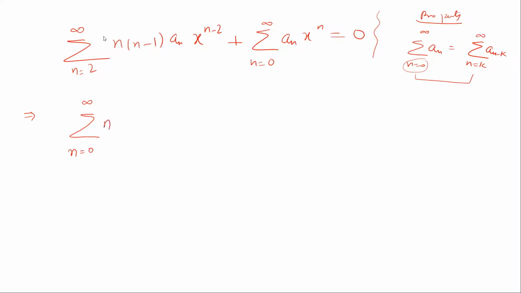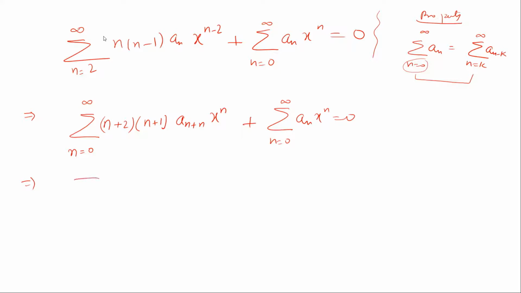We will use this property as n = 0 to infinity, and replace n with n+2. So (n+2)(n+2−1), that is (n+1), times a_(n+2) x^(n+2−2), plus the same Σ n = 0 to infinity a_n x^n, is equal to 0.